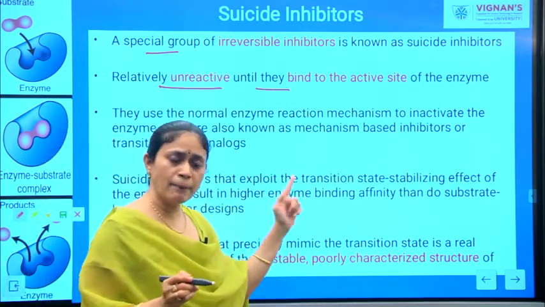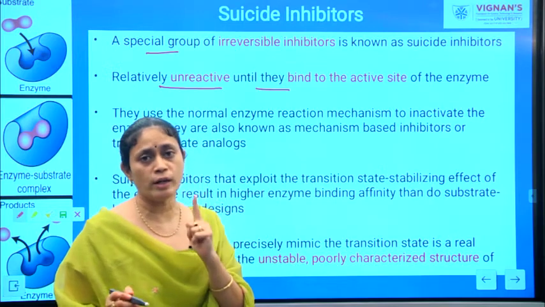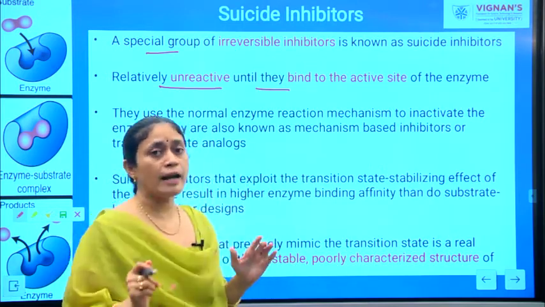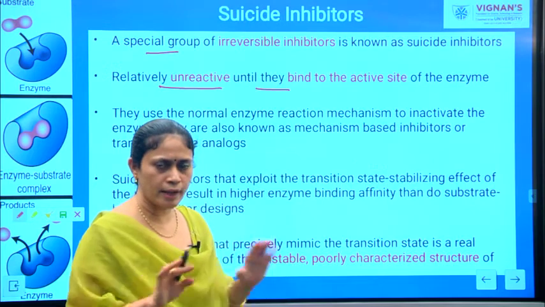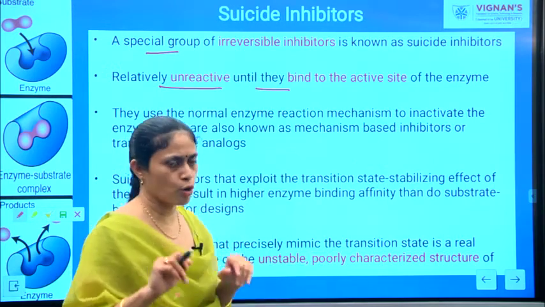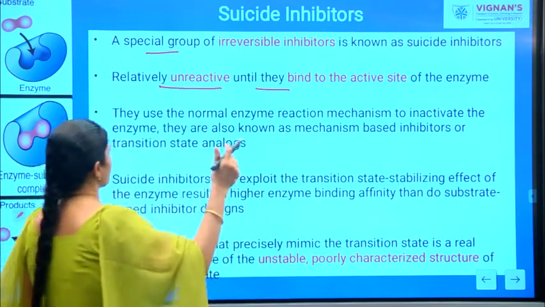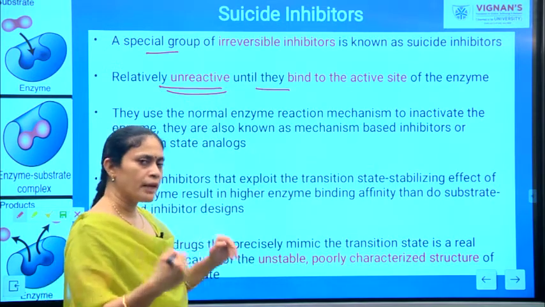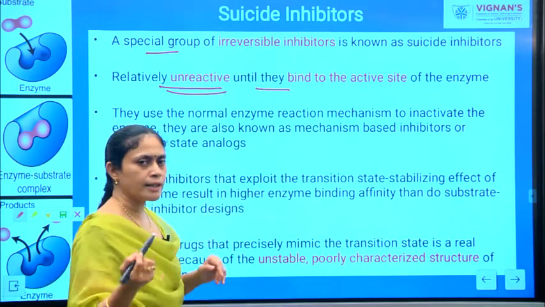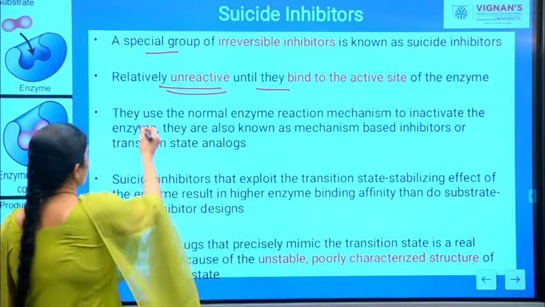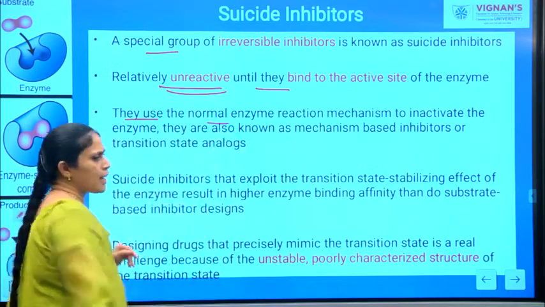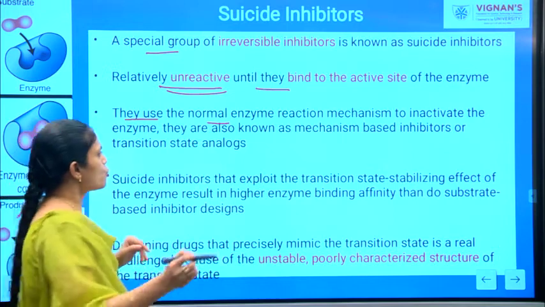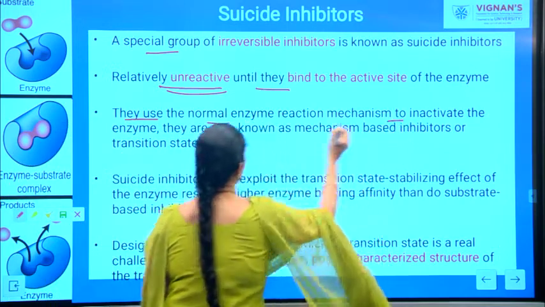So these inhibitors will be activated only when they bind to the active site of an enzyme. Until then, they are not in an active mode. They gain their reactivity once they bind to the active site of an enzyme. Moreover, they use the normal enzyme reaction mechanisms to inactivate your enzyme.